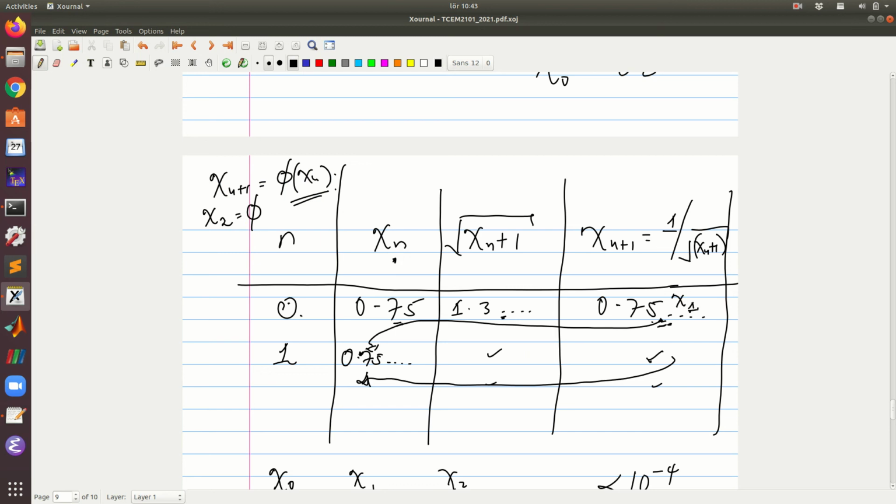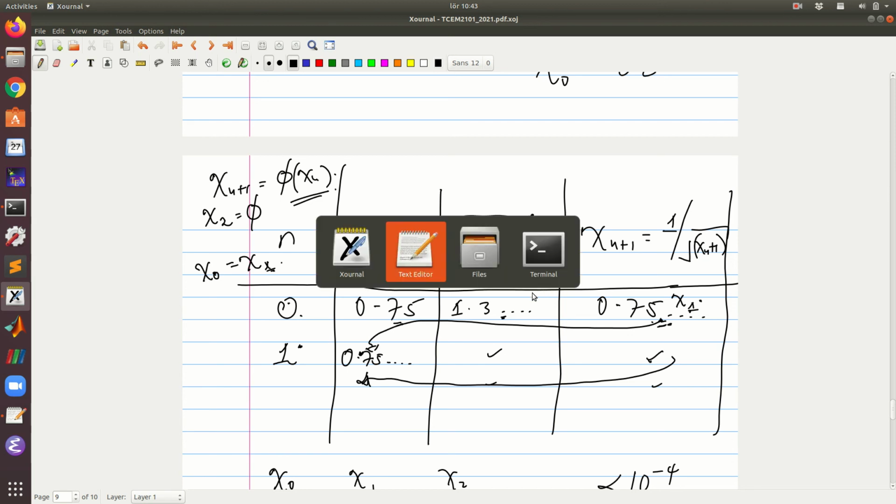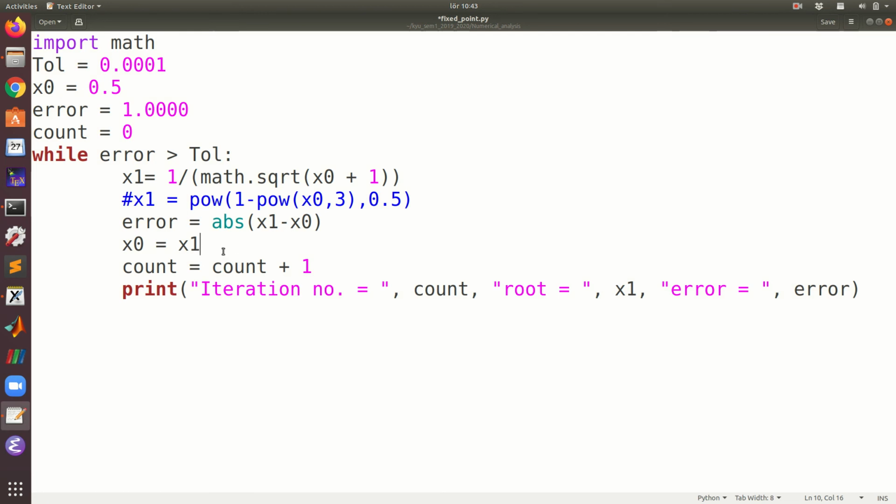Now in the next loop we use this value of x1 right here. In other words, x0 now takes on the previous value, and then we use this to compute the next value, and so on and so on. So if we follow that logic, this is what we write.